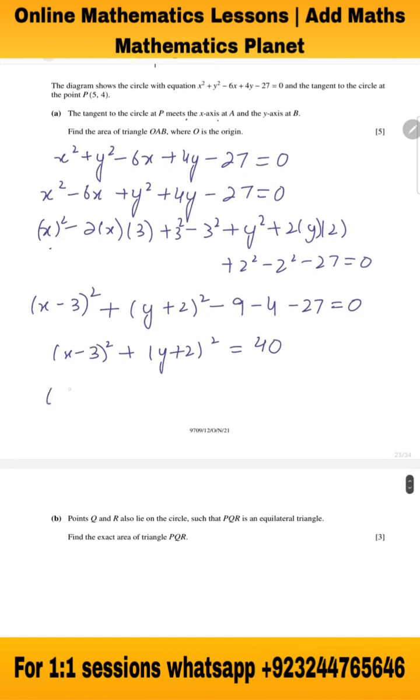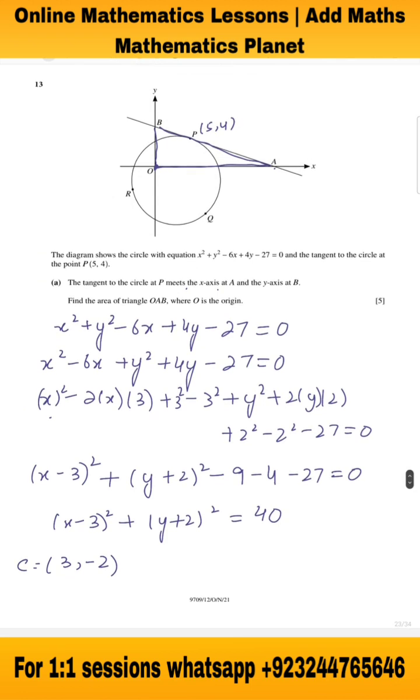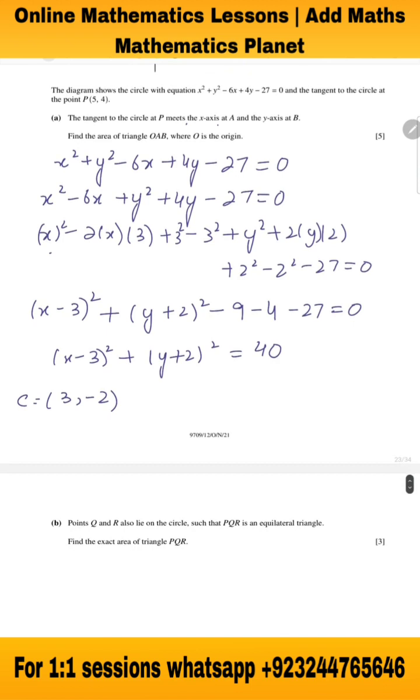So the center of the circle is (3, −2). So here we get the center of the circle. Now to calculate the area of the triangle, we should know the gradient of the radius CP. So what will be the gradient of CP?